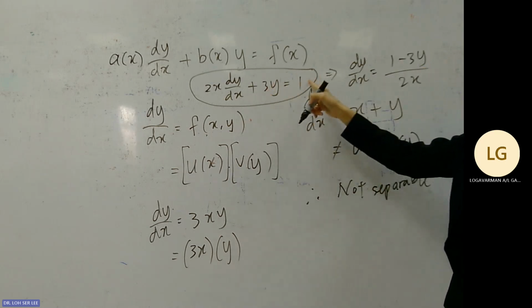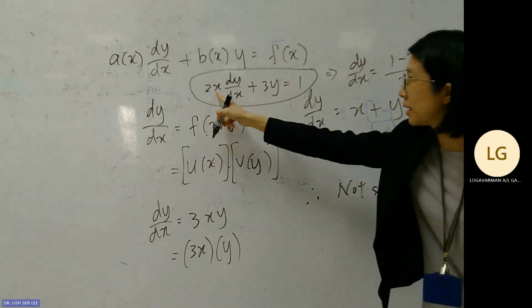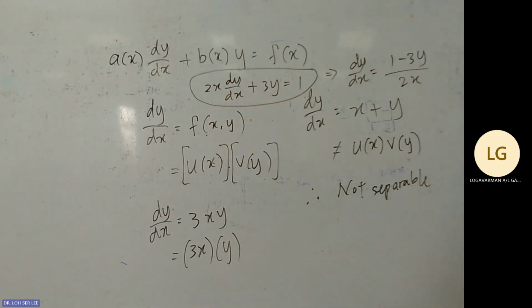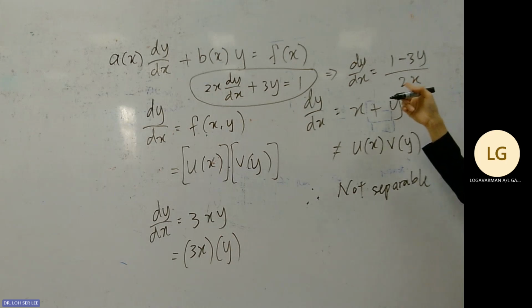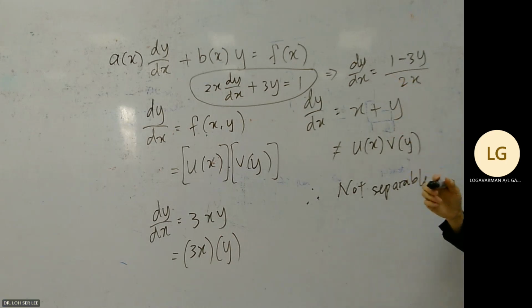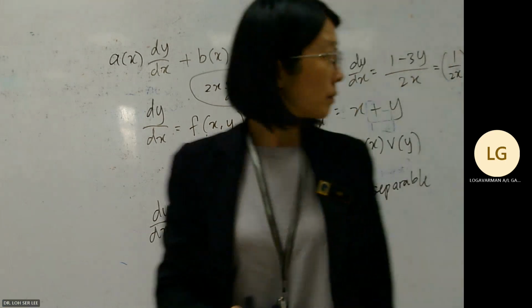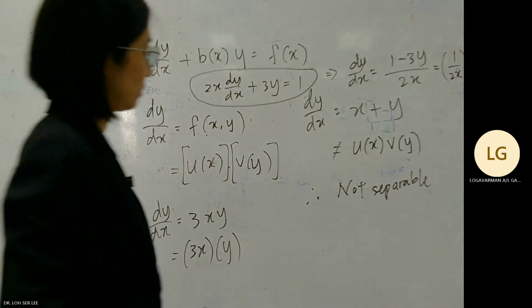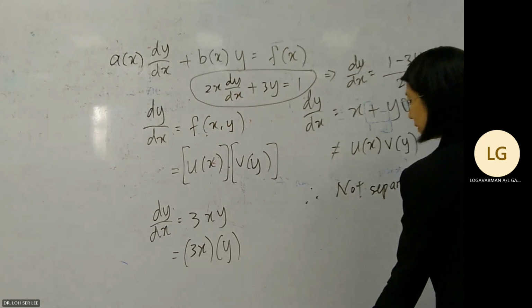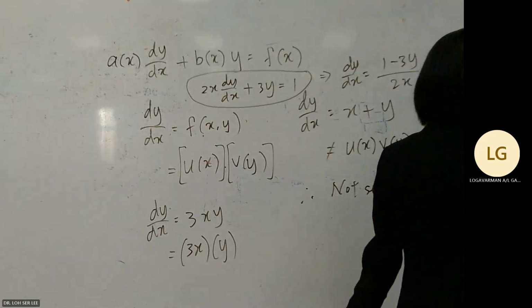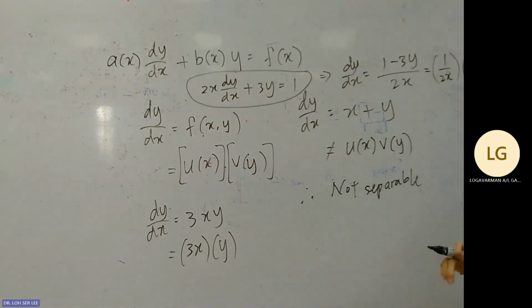Move 3y to the right, you have 1 minus 3y, and move the 2x to the right, you have over 2x. So is this separable? Yes. This one can be 1 over 2x times 1 minus 3y. So this is a separable differential equation, only for first order.